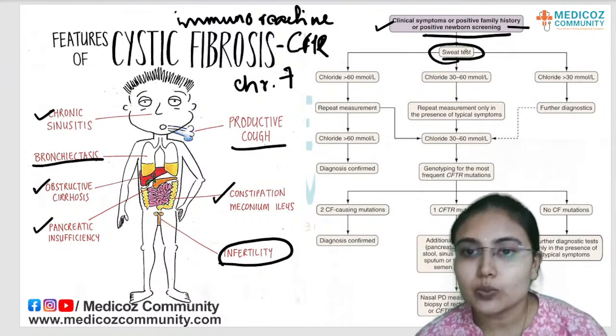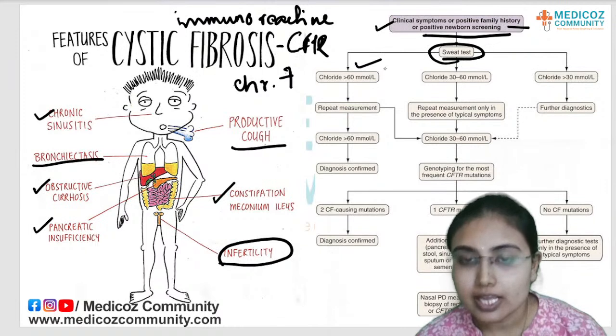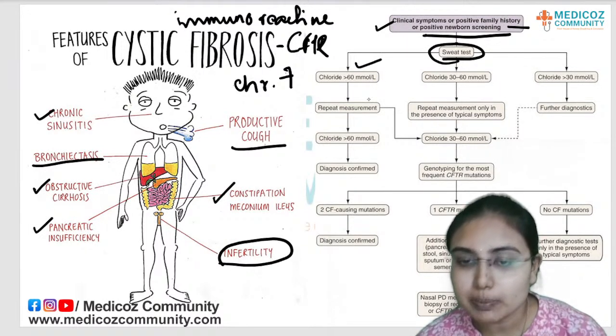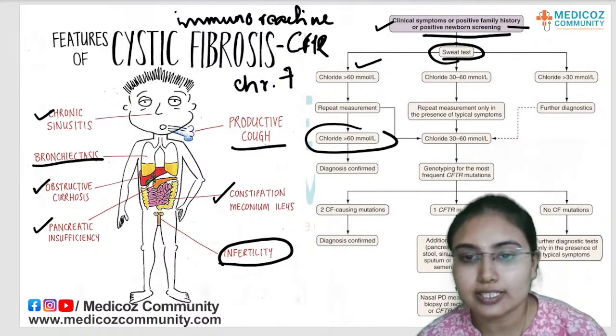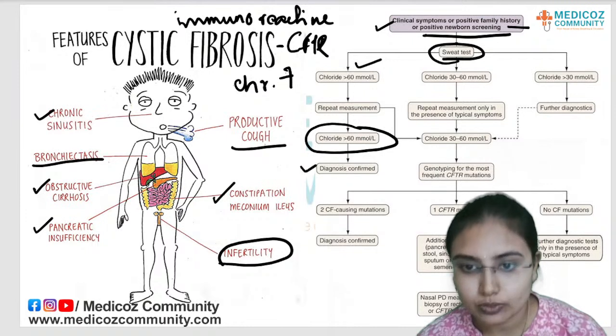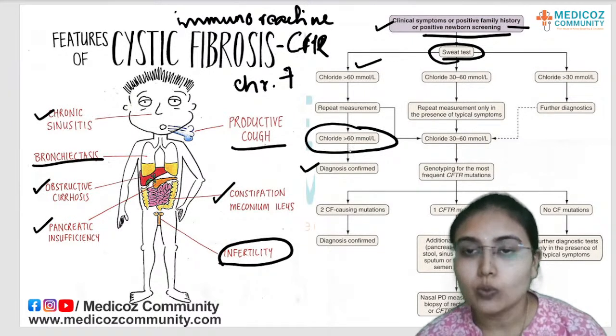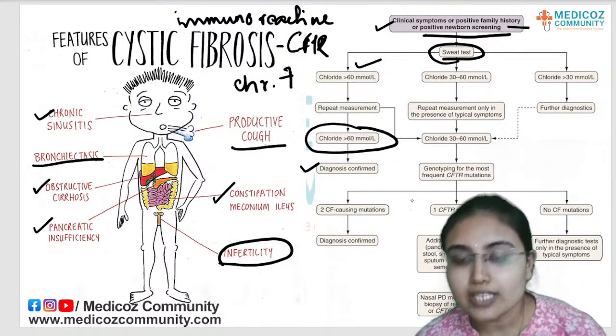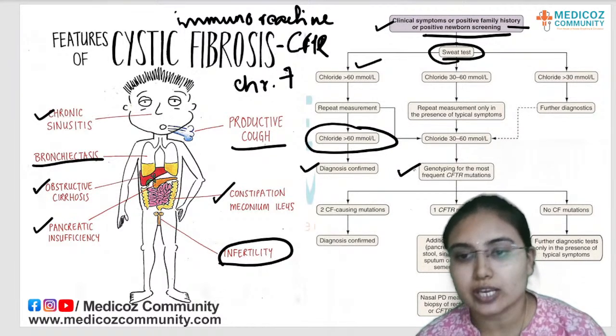In the sweat test, we measure chloride levels. If the chloride levels are more than 60 millimoles per liter, we do a repeat measurement. If the repeat one is also chloride more than 60 millimoles per liter, the diagnosis is confirmed. What is the other way we can confirm cystic fibrosis? We do a CFTR mutation genotyping.